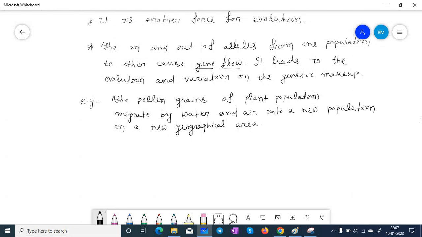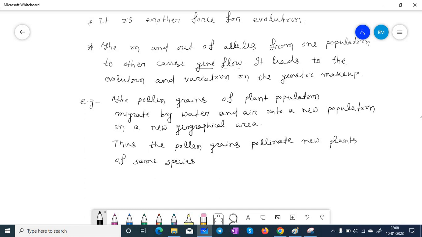Thus the pollen grains pollinate new plants of the same species, and this results in new individuals, here new plants.